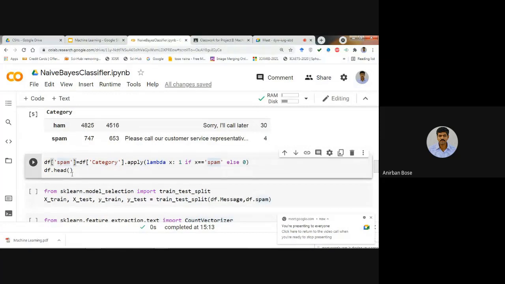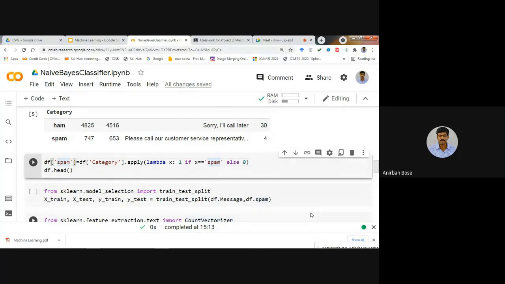Basically we are creating one extra column, df spam. So we are giving the name of the column as spam, and within that particular column header, what will be there? It will take the data from the category column and then dot apply lambda x. So what will be the value of x or the values within that column? It will take the category each and every one, and it will put 1 if x is equal to spam, and else it will return 0.